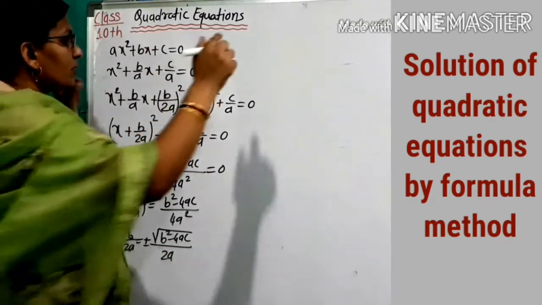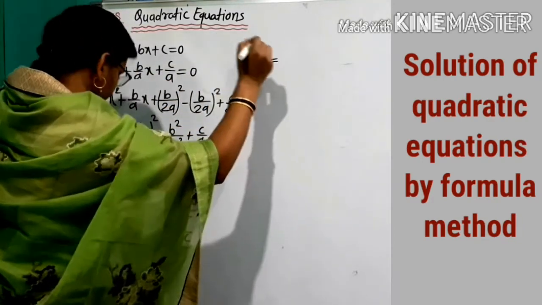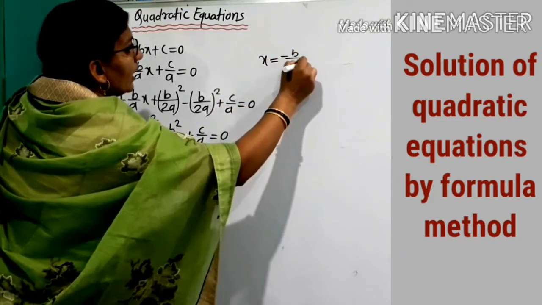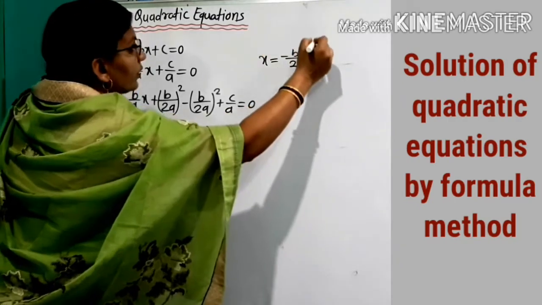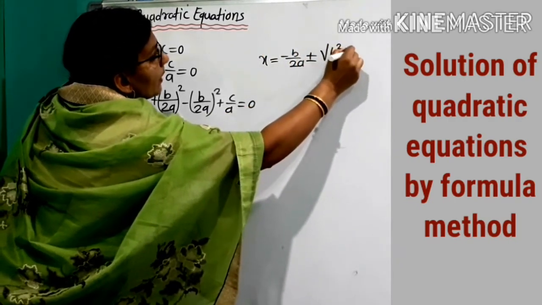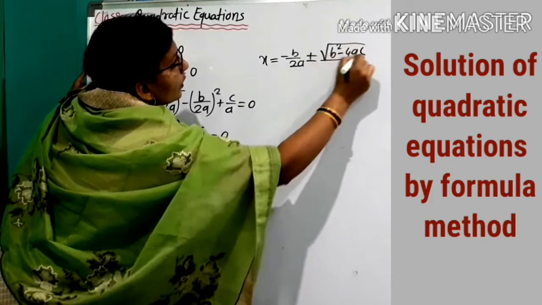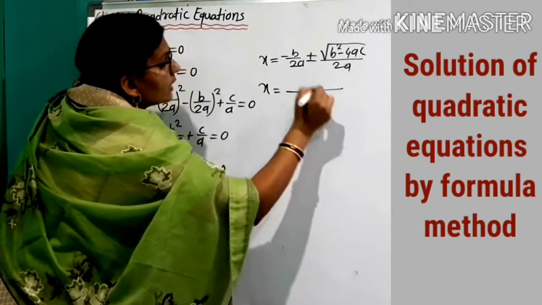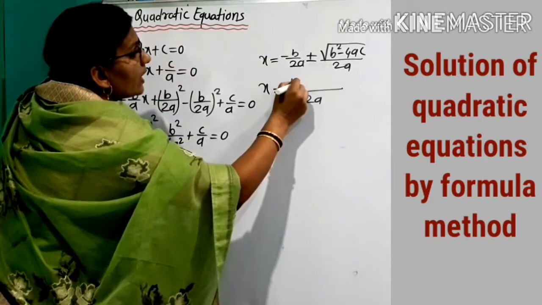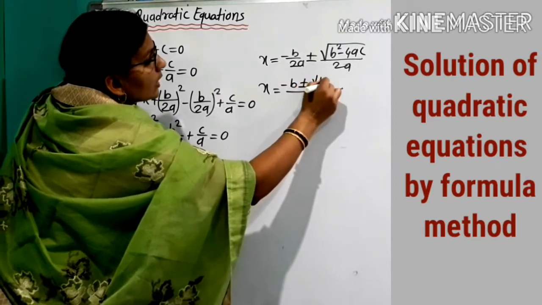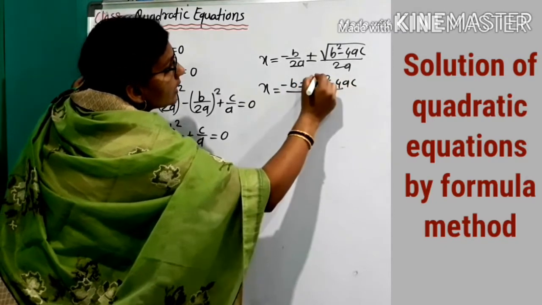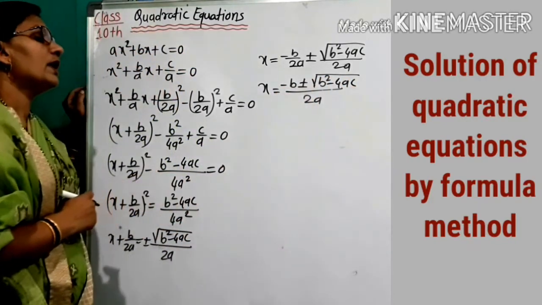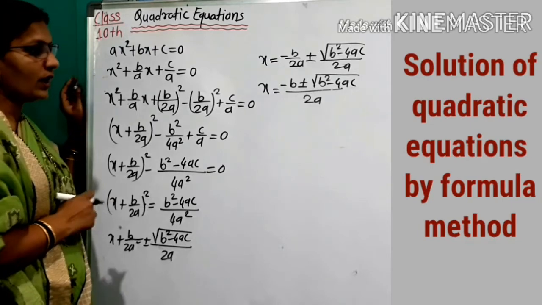So it is also written as x equal to minus b upon 2a plus or minus root b square minus 4ac upon 2a. So x equal to minus b plus or minus root b square minus 4ac upon 2a. This is the formula for finding the solution of a quadratic equation by formula method.